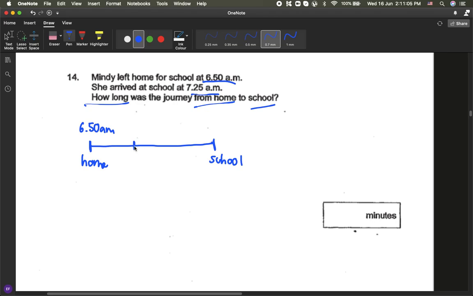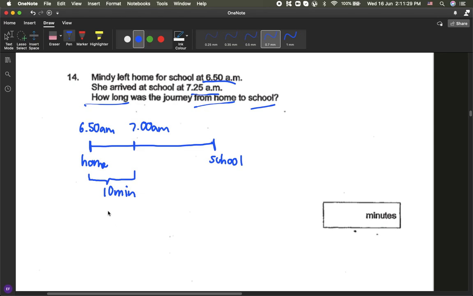And then we can put another point here and label it as 7 a.m. So from 6:50 a.m. to 7 a.m., Mindy took how long? Mindy took 10 minutes.